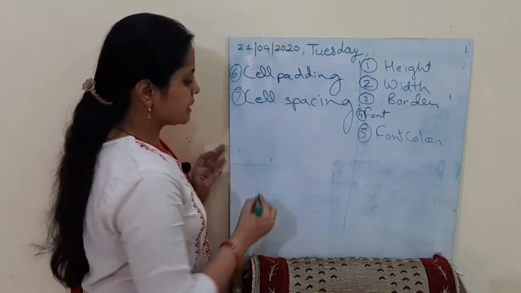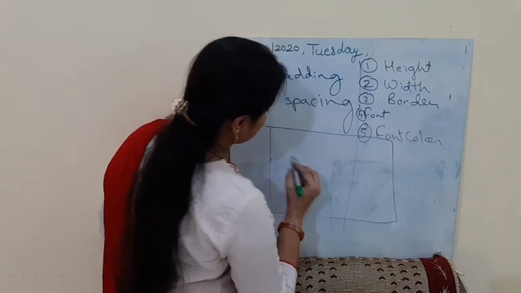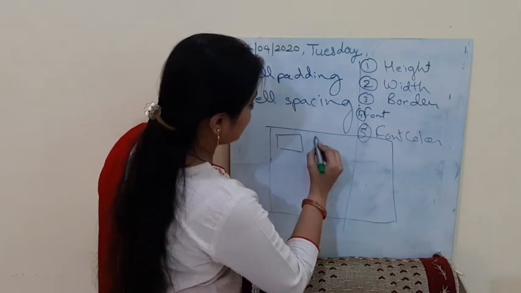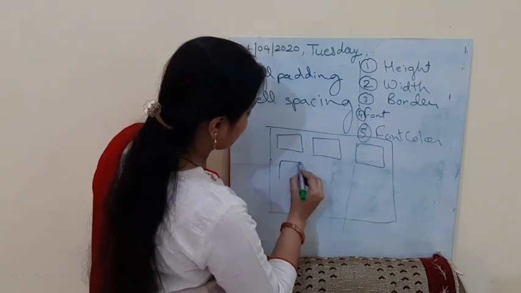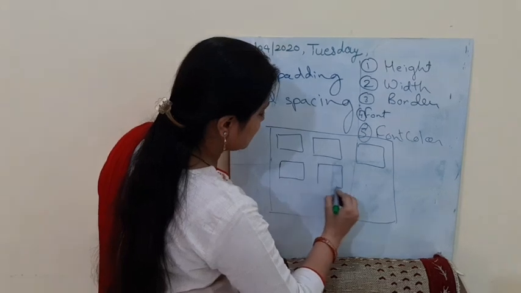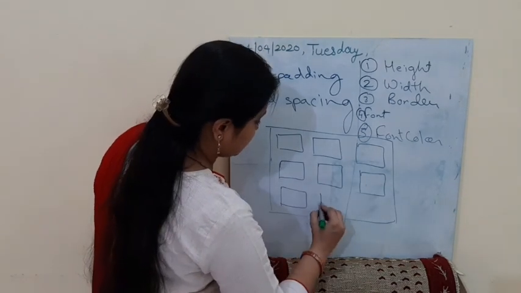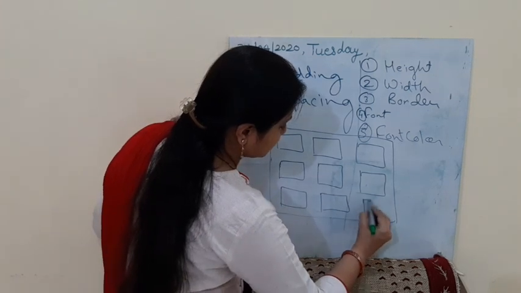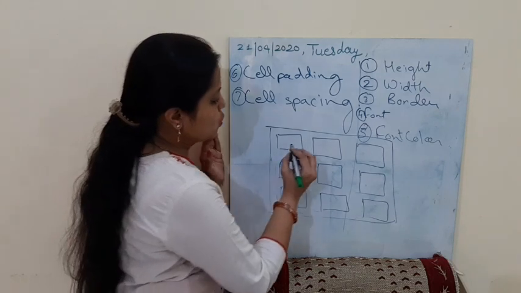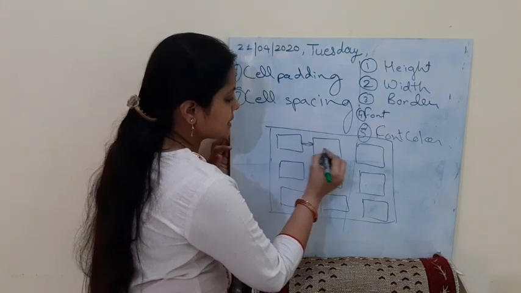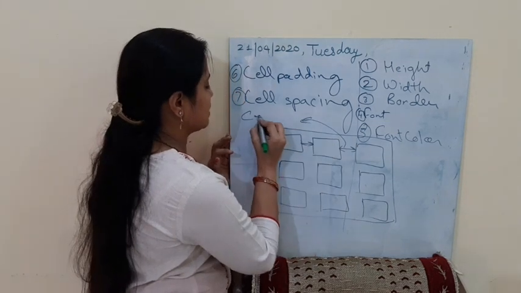Now what is cell padding? For this I need to draw a table. For example, this is my table. I am drawing it very broad so that you can see it. The difference between two different cells is known as cell spacing.